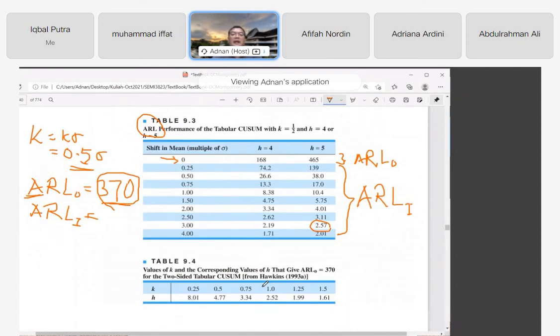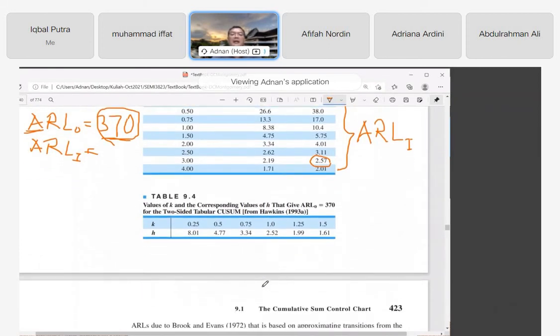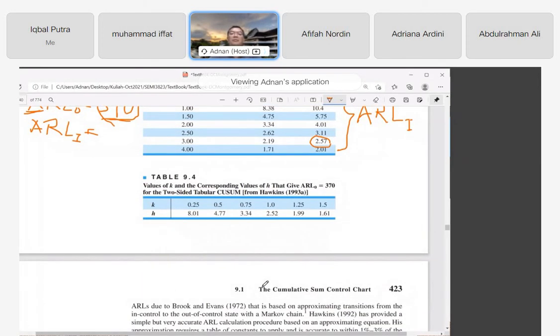Okay, looking at another guideline given by the researcher, Hawkins. He has done research offering different combinations of values H and K. Remember, these values are used in the CUSUM control chart where you want to set the decision limit.